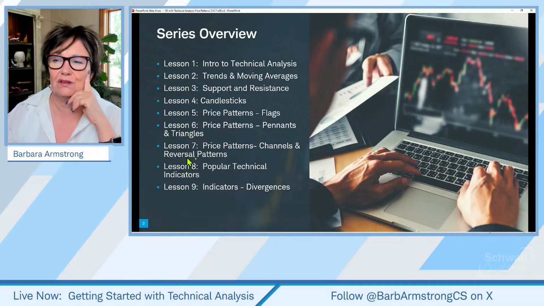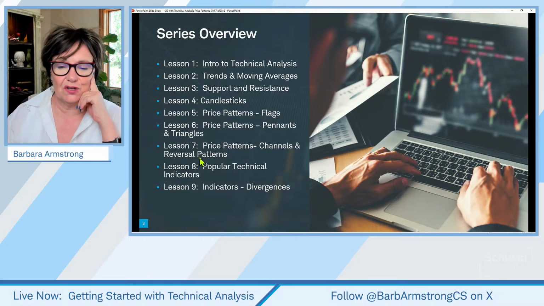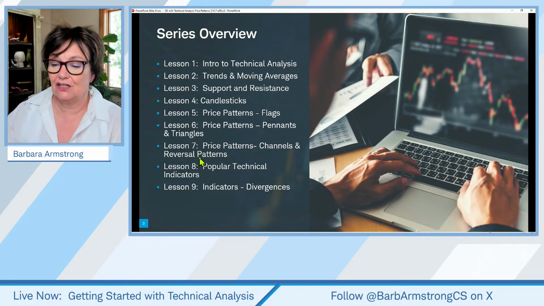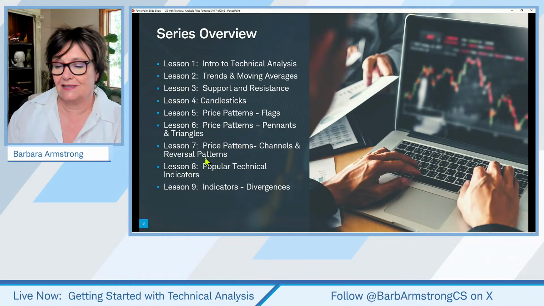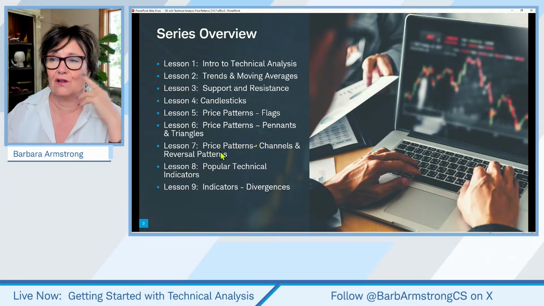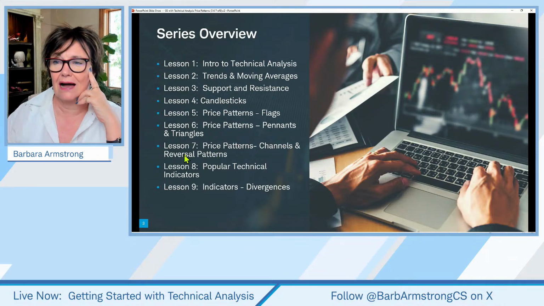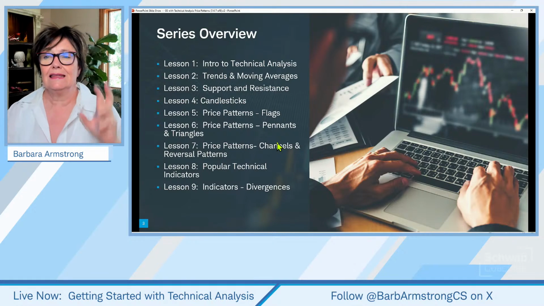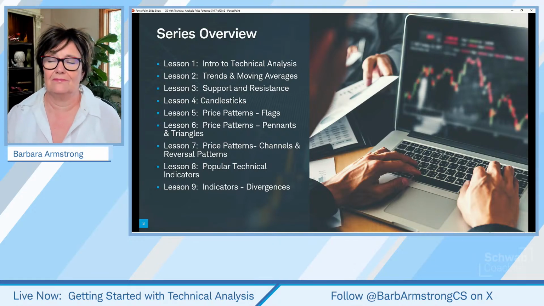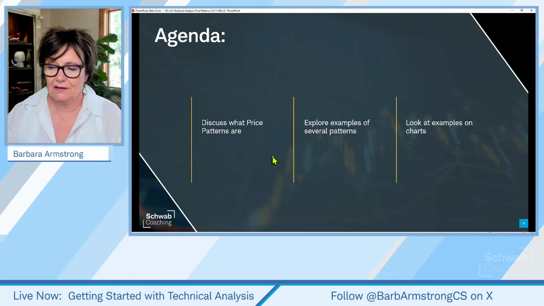Next week, we'll look at channels and reversal patterns, which will include head and shoulders, double bottoms, and cup and handle patterns. If you're not familiar with those, you'll want to be sure to come back. Connie and I are also posting these types of patterns on X, so you'll want to check that out.